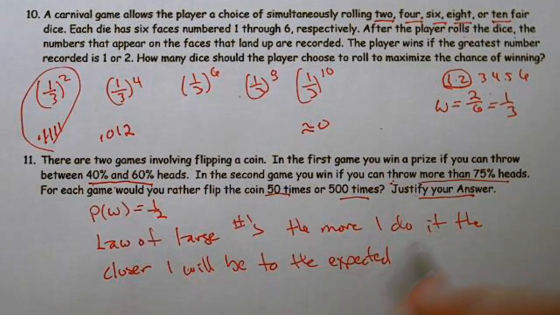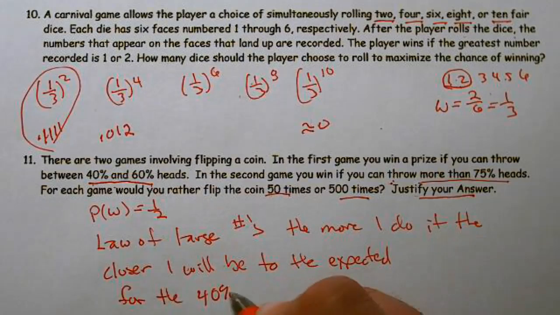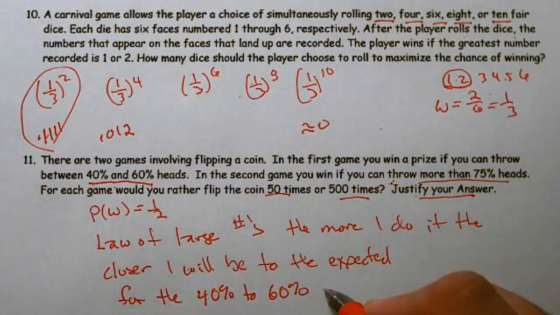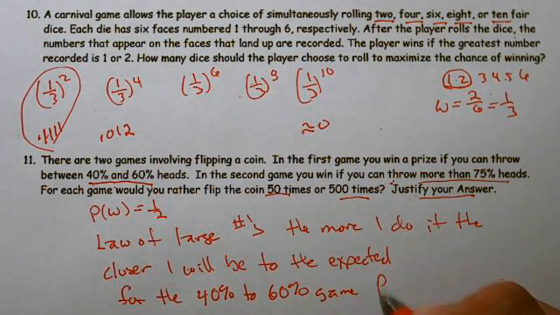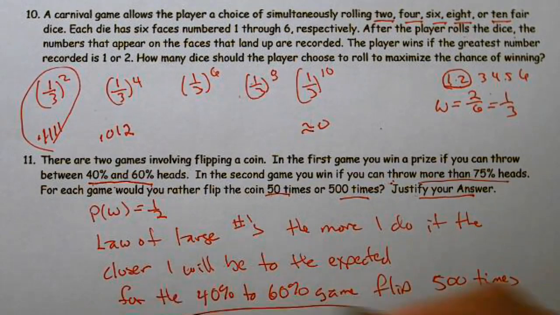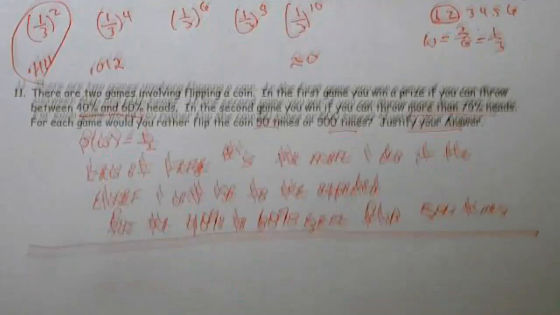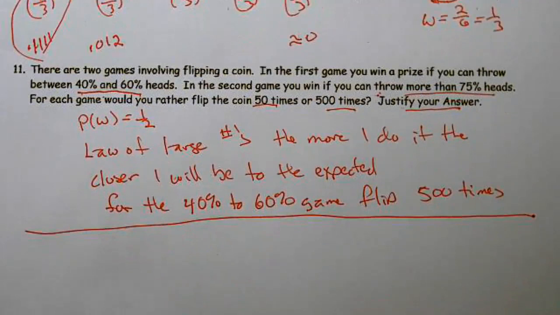So for the first game, for the 40% to 60%, law of large numbers says do it over and over and over and over again. So I want to do that one 500 times. Well, you probably figured out that if that one is 500 times, the next one is going to be 50, and you'd be right. But here's why.